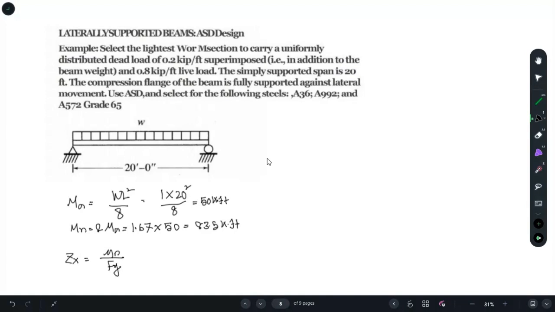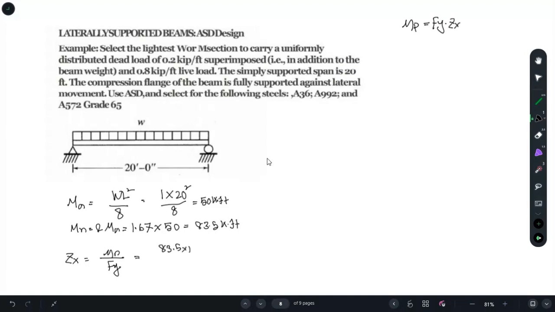Since the plastic moment is equal to Fy Zx, from that we can say that Zx will be equal to the moment. We are assuming that Mn will reach the plastic moment. So your moment is 83.5.